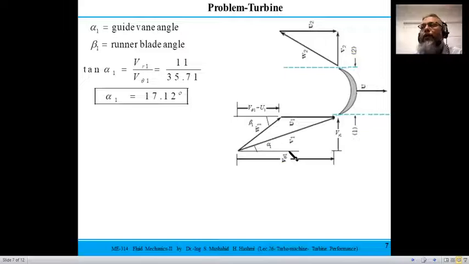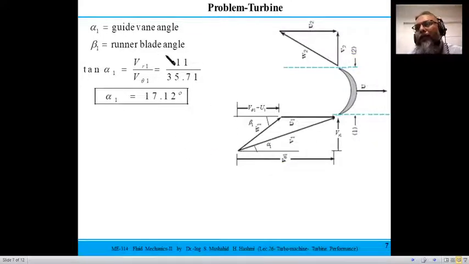From this geometry, VR1 is already known, which is 11 meters per second. This length is 11 meters per second, this is 33 meters per second, and this is 35.71 meters per second.